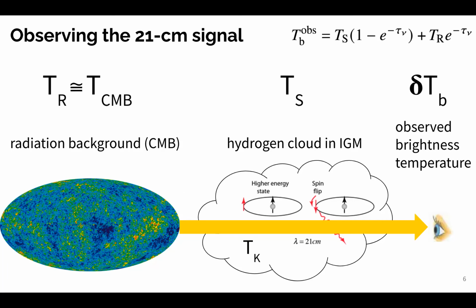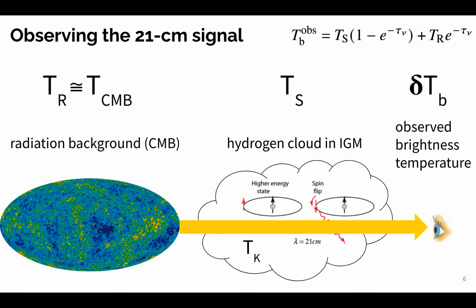And so in the top right, I show the equation for radiative transfer. The observed brightness temperature that we see is a function of the spin temperature of hydrogen, which quantifies those relative number densities in those states, and the temperature of the background, which is assumed to be the cosmic microwave background. What we'll talk about soon is that the spin temperature is closely related with the gas kinetic temperature.